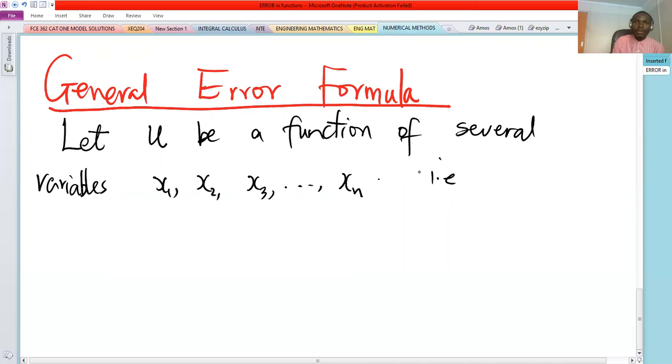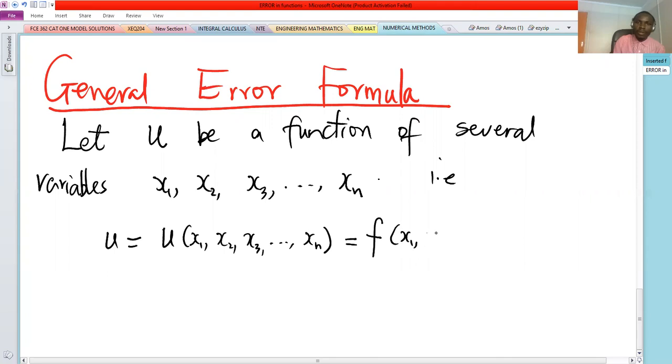That is, we can write u as u of x1, x2, x3, up to xn, or equivalently f of x1, x2, x3, up to xn. This means u is a function of several variables. Call this equation 1.